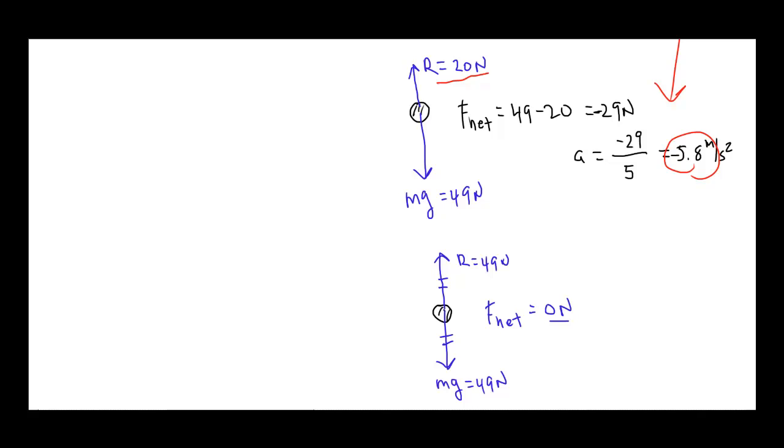So when I go to calculate my acceleration, I say 0 is the net force divided by 5. And of course, that's just 0 meters per second squared. Okay? So now the acceleration is 0. What does that mean? That means the velocity is not changing. This means constant velocity.